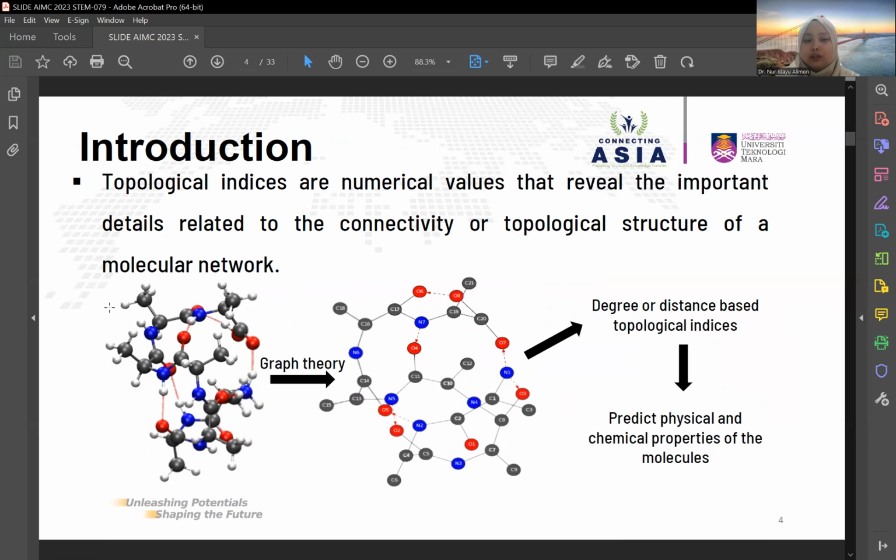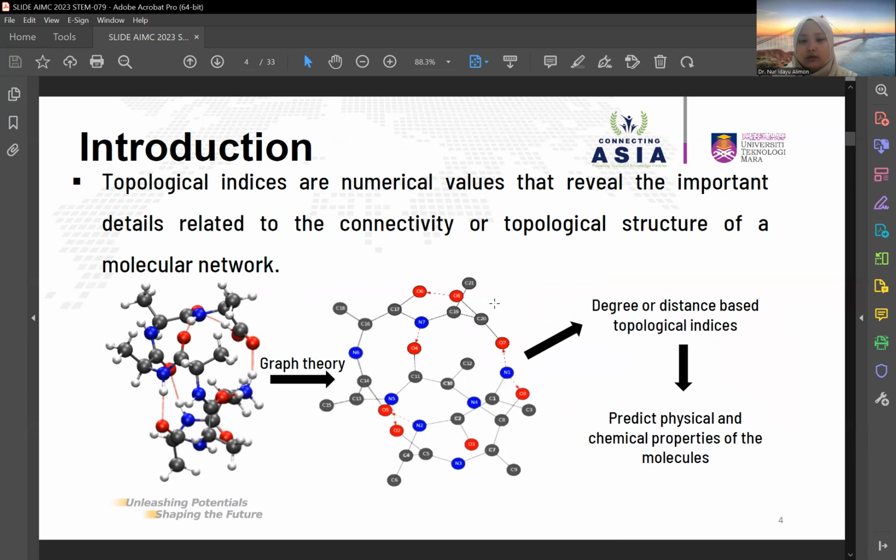So in order to know the properties of the molecules, we need to convert the molecules into a number or a numerical value. In order to get a number, we need to first link the molecules into the molecular graph in graph theory.